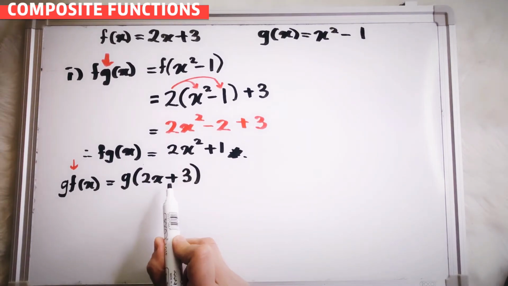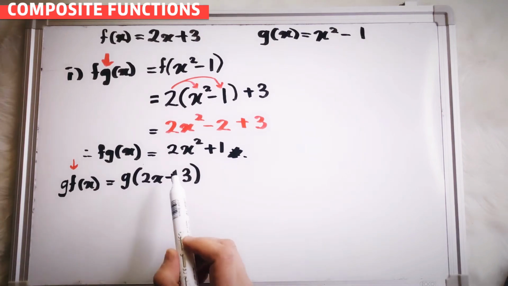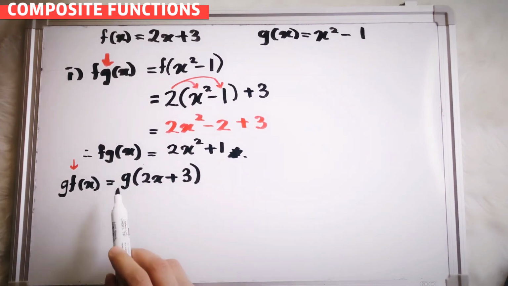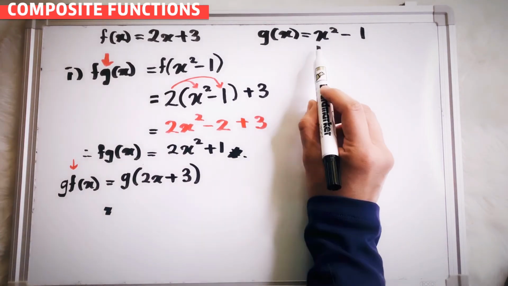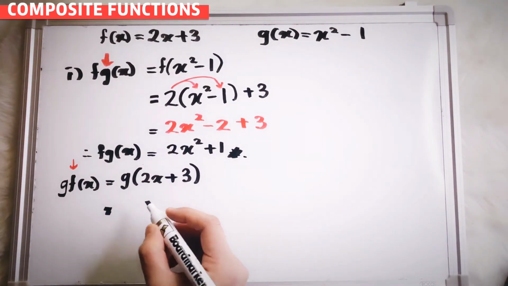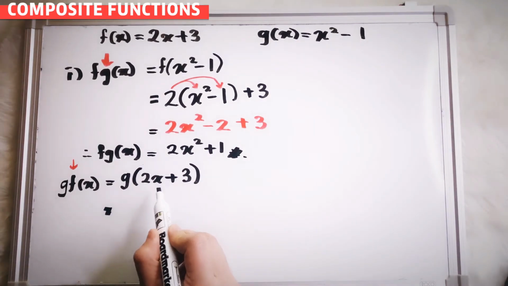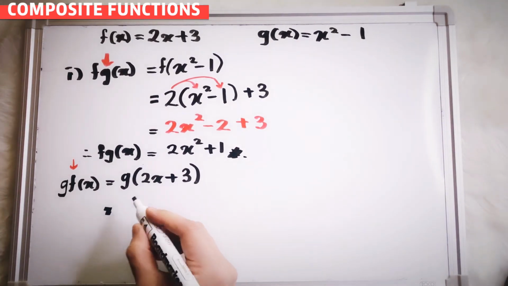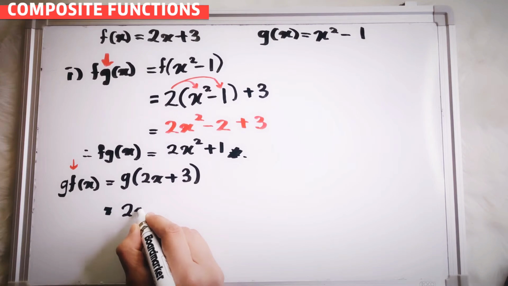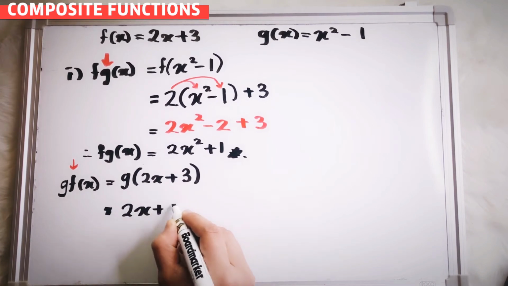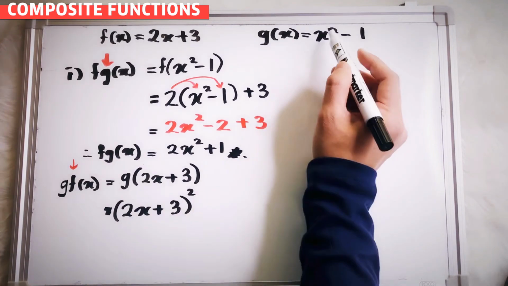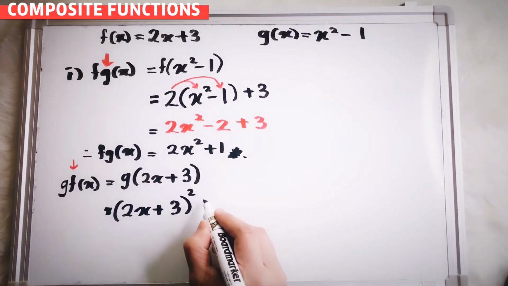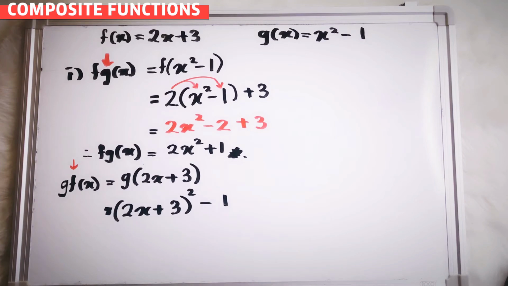This is your new x. You want to substitute inside the g function, which is x squared minus 1. So our x now is 2x plus 3, squared, minus 1.